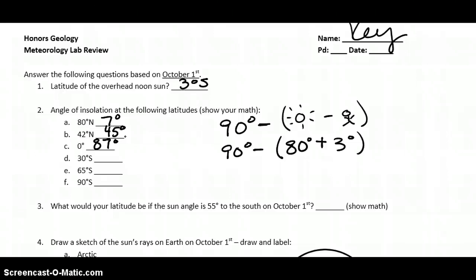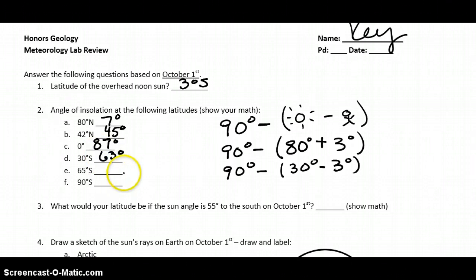Now for the next set, we're dealing with the southern hemisphere for D, E, and F. For these ones, we're not going to add, instead we're going to subtract. For example, for D, we'll do 90 degrees minus the difference between 30 degrees south and 3 degrees south. So 90 minus 27, and we get 63 degrees.